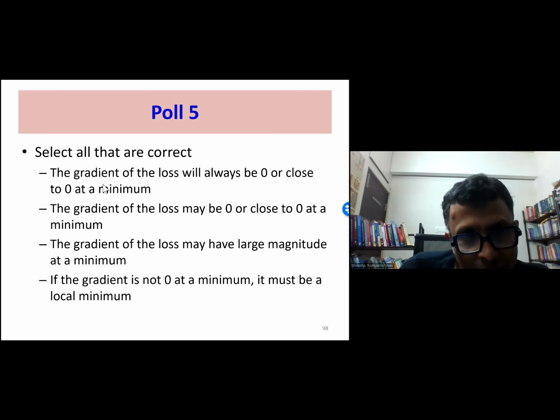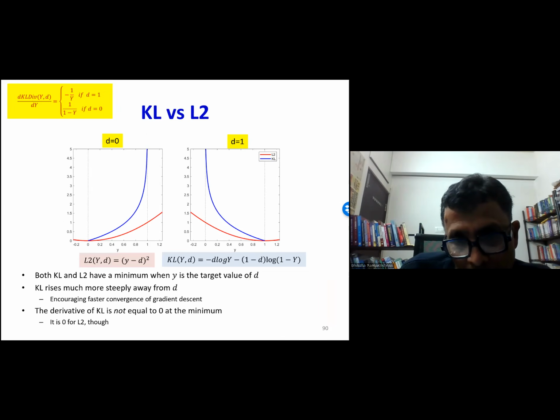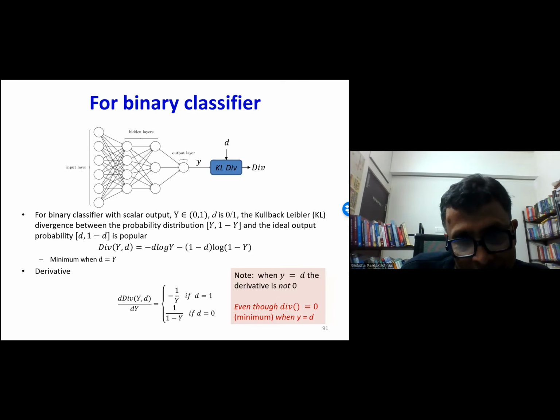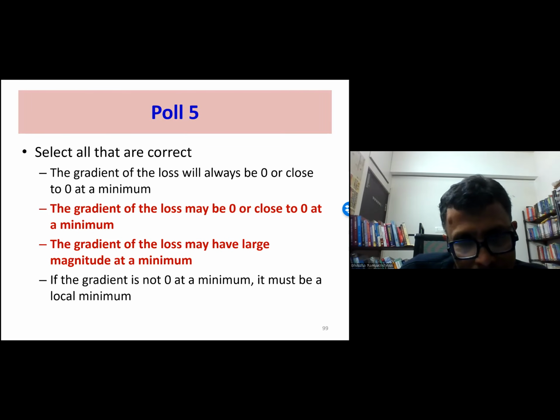We explicitly saw that at a minimum, the derivative can actually be a strong positive or negative value, right? But in other cases, the derivative can be 0. The gradient of the loss may have a large magnitude at a minimum. It's actually true. If the gradient is not 0 at a minimum, it must be a local minimum. That's a meaningless statement, right? So these are the only two true statements.